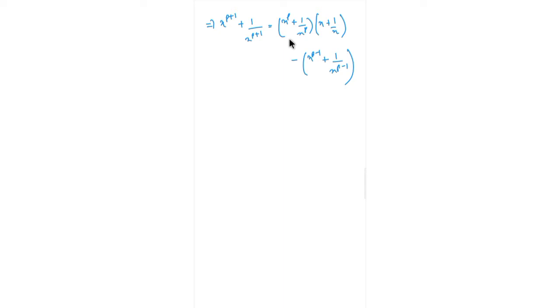In the same way I can even write for this. If I assume p to be 1, then I get x square plus 1 by x square, which is nothing but x square minus 2.